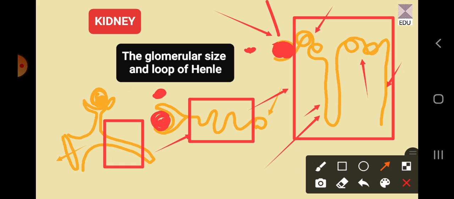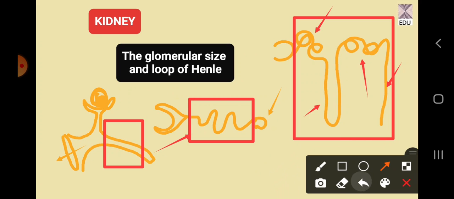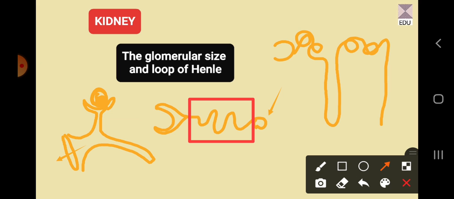So what will this loop of Henle be doing? I should go with the mechanism first of all. Suppose this is a particular animal in which we are talking about the hypertonic conditions or the dehydrating conditions. So what will this animal do for coping with the dehydration conditions?